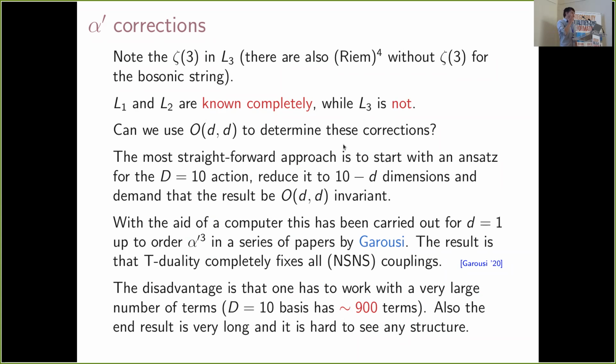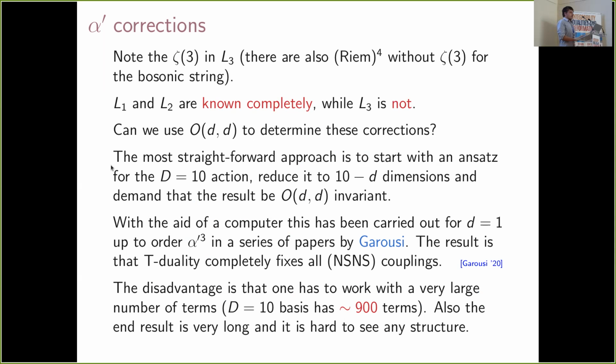Of course, the traditional way to determine these corrections is to compute scattering amplitudes. The required scattering amplitudes have been pretty much computed, but then there's a lot of work involved to go from the amplitude to a local effective action. So, but that's one way to do it, but it hasn't been done fully.